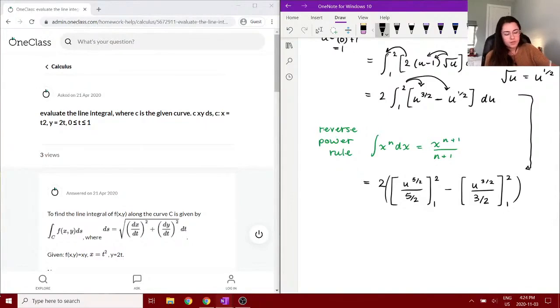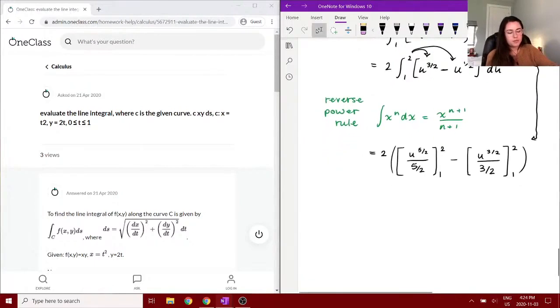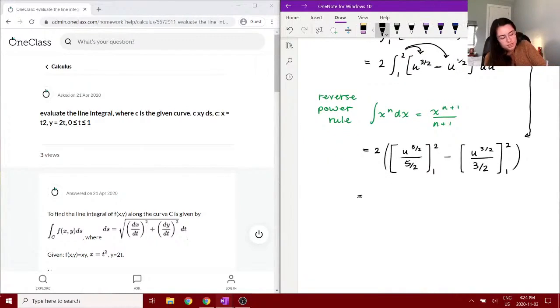So, don't forget that the 2 is out front, and that will multiply everything within the brackets because we took that outside of the integral a little bit earlier. All right, so what I'm going to do now is evaluate and basically replace the u's with 2 and 1. So 2 times everything.